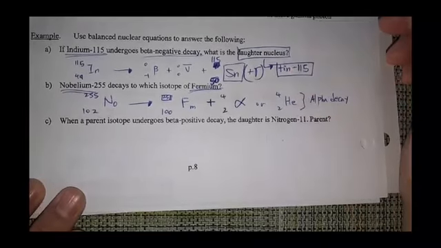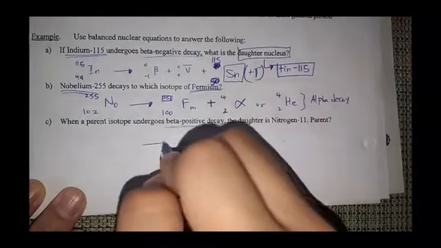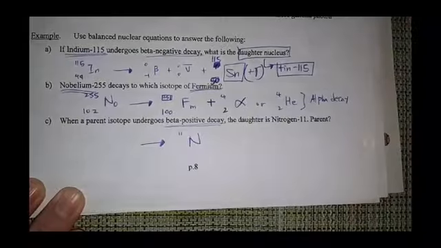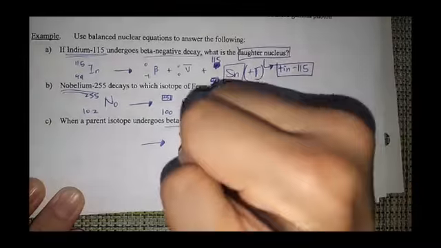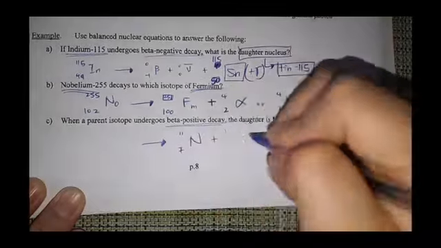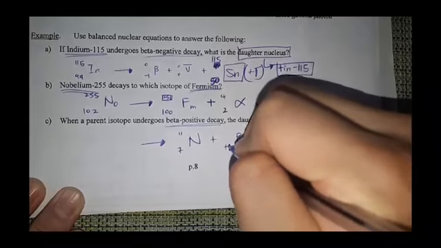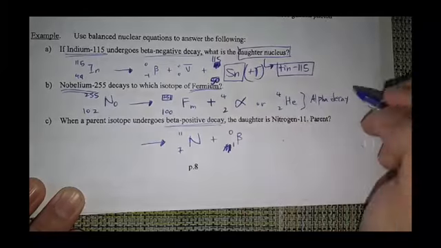Let's look at C. When a parent isotope undergoes beta positive, so we know what things are emitted. The daughter is nitrogen-11. So it's like going backward. Nitrogen-11, that means 11 is on the top. And at the bottom, you should have its atomic number 7 in here. Plus, since it's beta positive, oops, I'm going to rewrite. 0 on the top, positive 1 at the bottom.